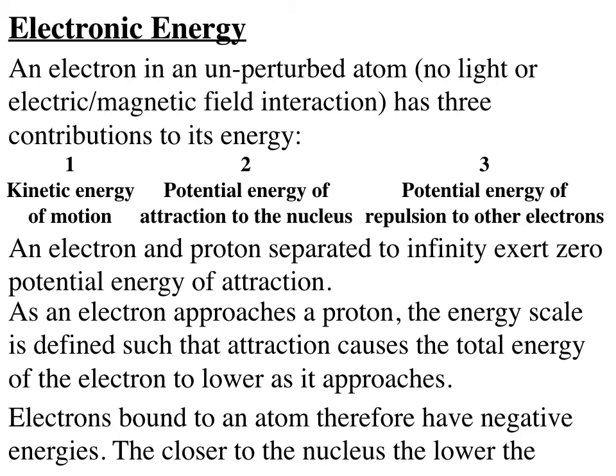The closer the electron gets to the nucleus, the lower its energy. And what we mean by that is the more negative the energy it experiences, the closer it gets in towards the nucleus. So when you get a bigger and bigger negative number, you're getting a lower and lower energy, as a matter of fact.